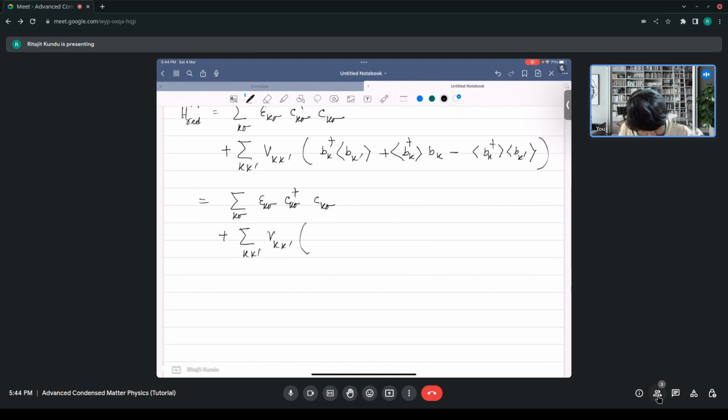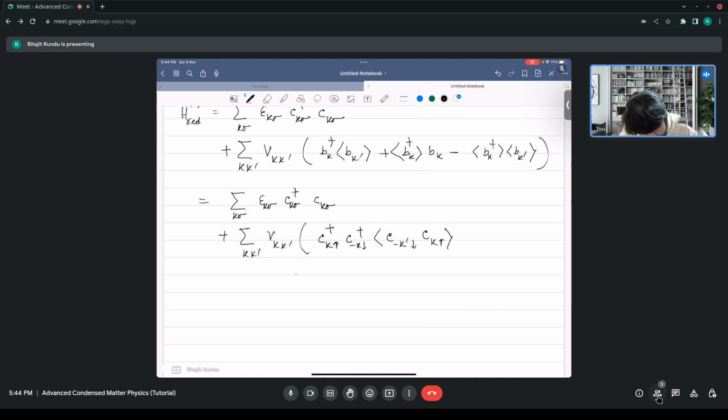And then I'll be replacing just fermion operators in place of these bk daggers and bk. So this becomes ck up dagger, c minus k down dagger, expectation with c minus k prime down, c k up.